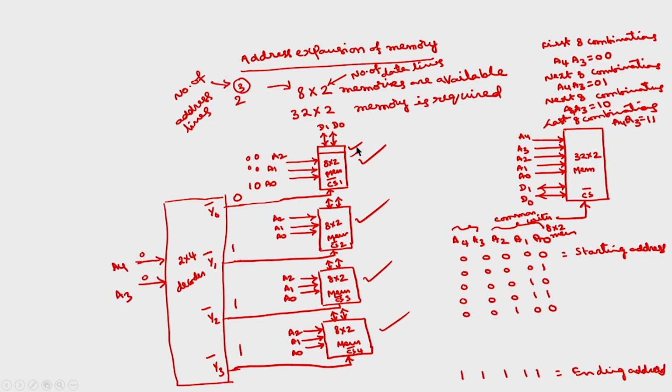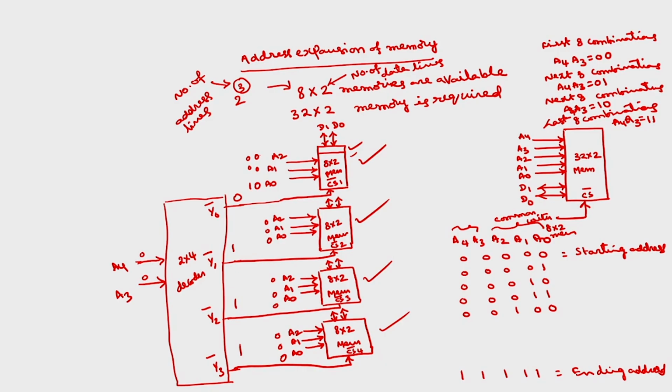At any time only one of these 8 by 2 memories will be selected, but A2 A1 A0 is common. Even if I give 0 0 0, it is common to the others also, but the chip select of the lower 3 8 by 2 memories is 1, so they will not be selected.